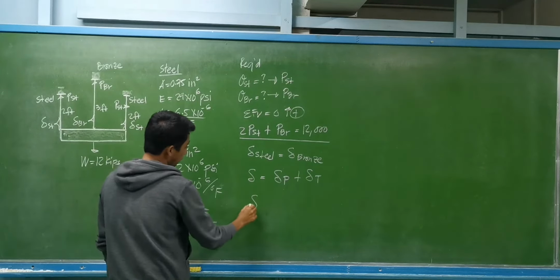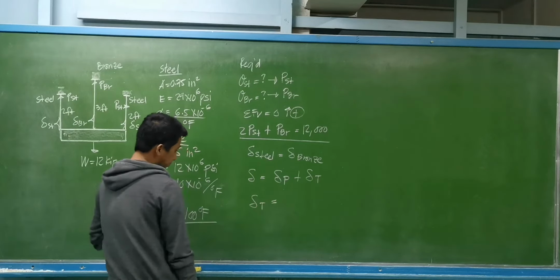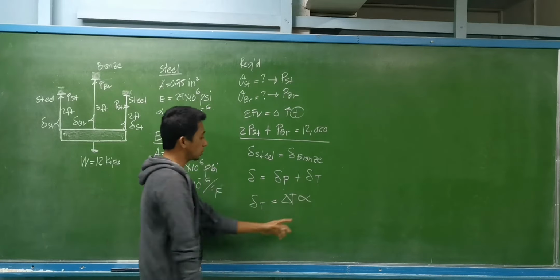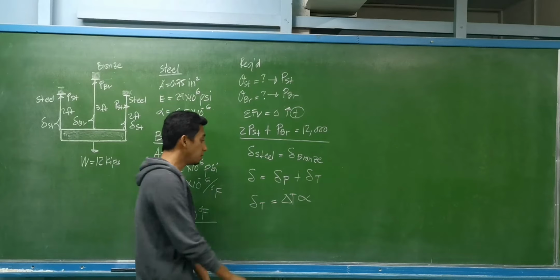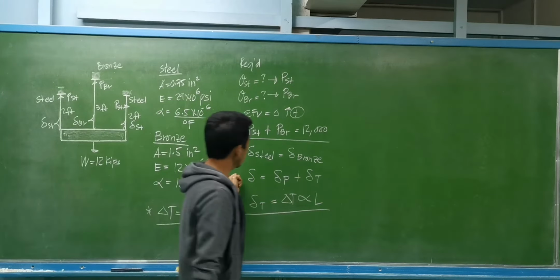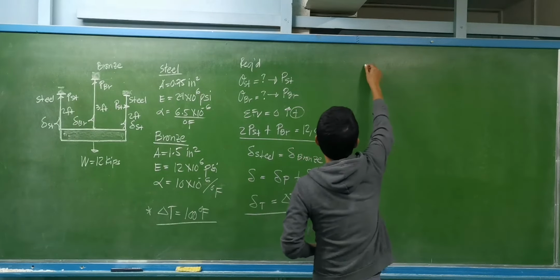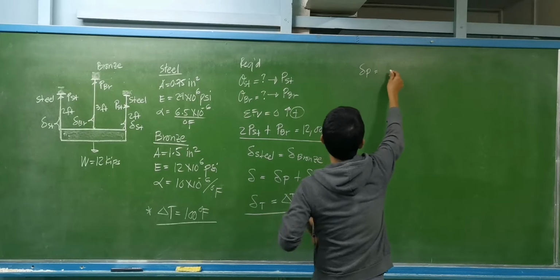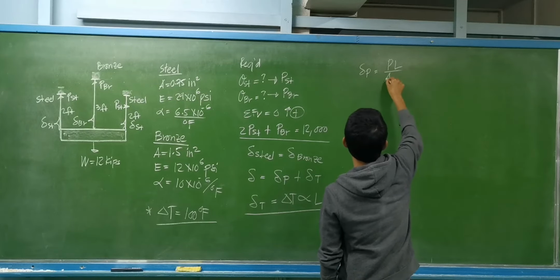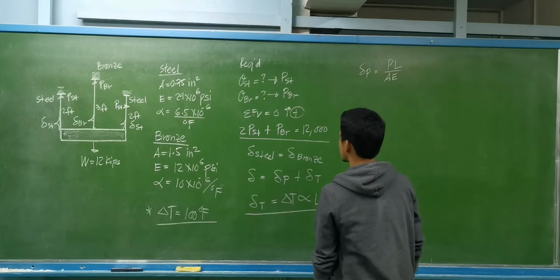So how do we compute for thermal deformation? This is equal to the change in temperature times alpha, the coefficient of thermal expansion, multiplied by the length. So how do we compute for the deformation due to load? From our previous discussions, this is the force times the length divided by the area times the modulus of elasticity.